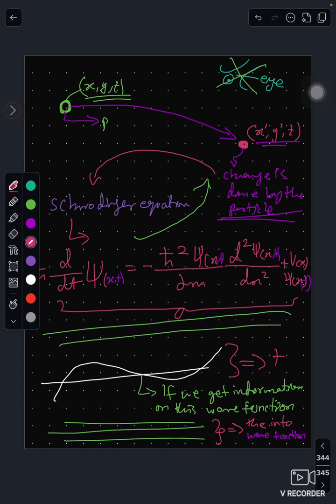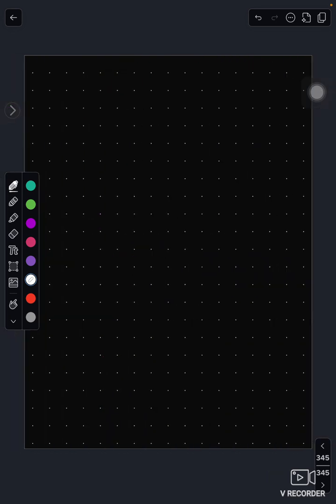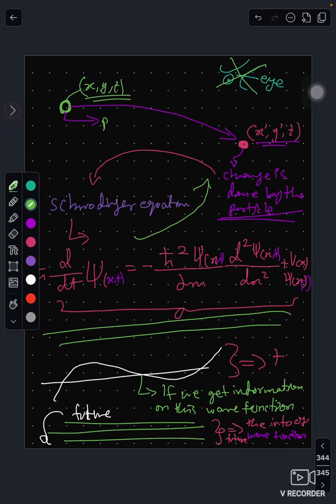Again, this equation is only used when there are no observations done, to know what the particle is actually doing.